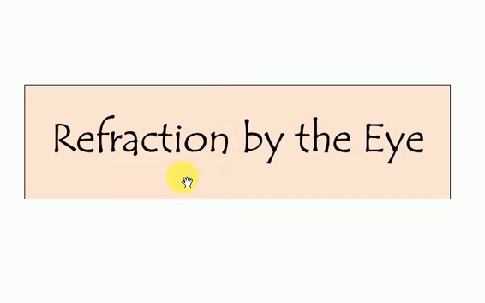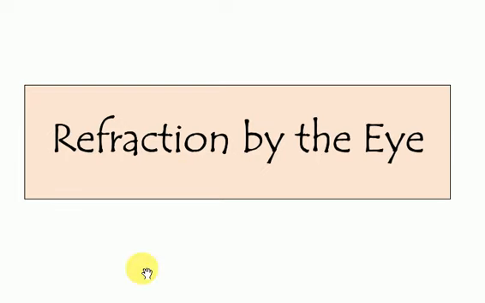The theory and formula of refraction by thick lenses can be directly applied to the eye. So refraction by thick lenses is therefore considered now, and the principles are subsequently applied to the eye.